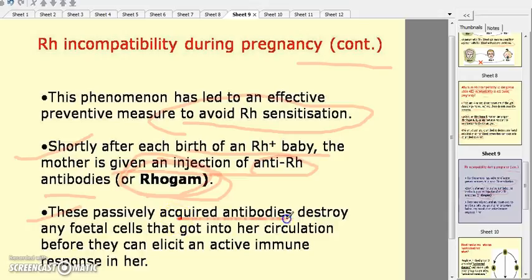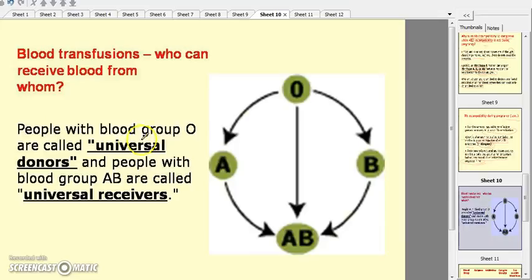These passively acquired antibodies destroy any fetal cells that got into her circulation before they can elicit an active immune response within her body. This is done so that fetal cells with the Rh factor will not get active within her body and cause problems.